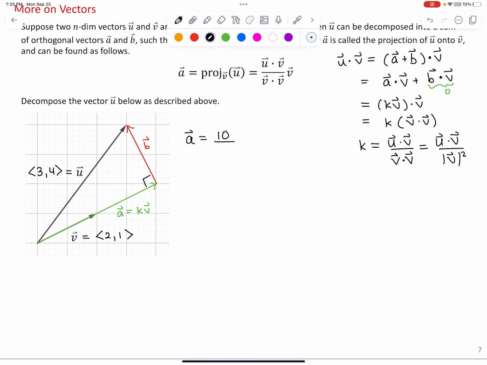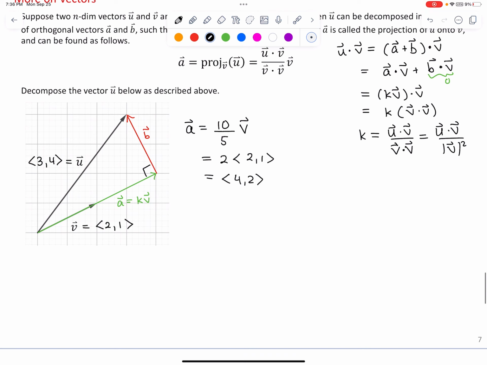Then you do v dot with itself, so we get 2 times 2 plus 1 times 1, so 4 plus 1, we get 5. And this scalar will be multiplied by vector v. So 10 over 5 becomes 2, and we multiply that to vector v, whose components are 2, 1. And so we get, in the end, the vector 4, 2.